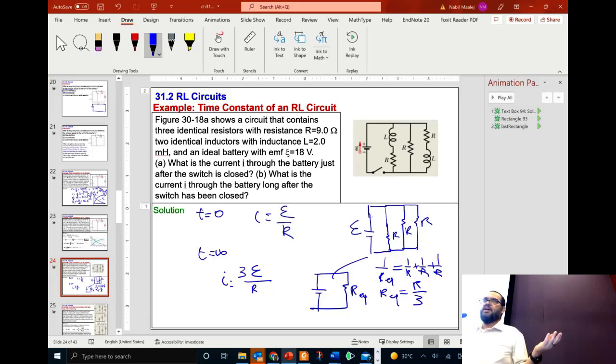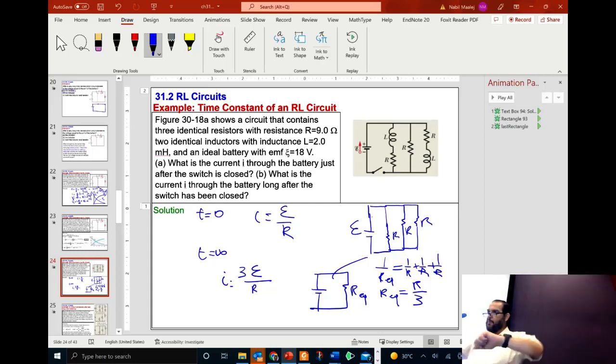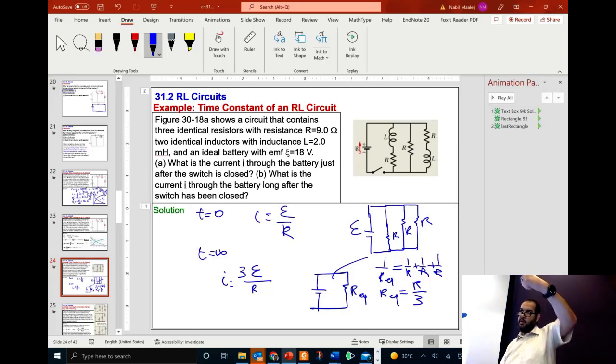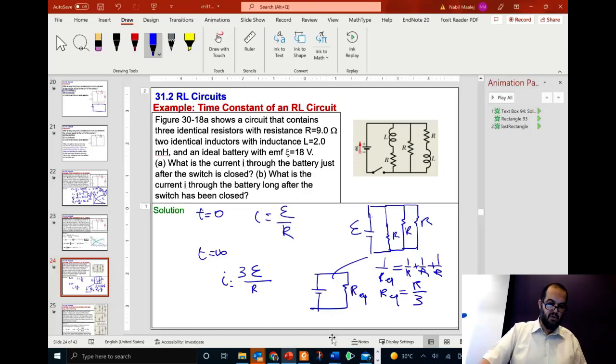It becomes just a simple resistive circuit. Same thing for the capacitor, but it's the opposite. The capacitor at t equal to infinity is like an open, and at time t equal to 0, it acts like a short. So you can easily simplify your circuit, even if it has a capacitor and inductor, especially if you're told t equal to 0 or t equals infinity.